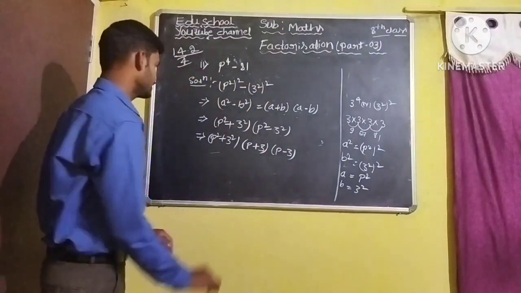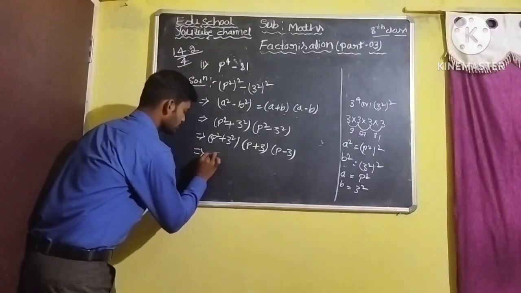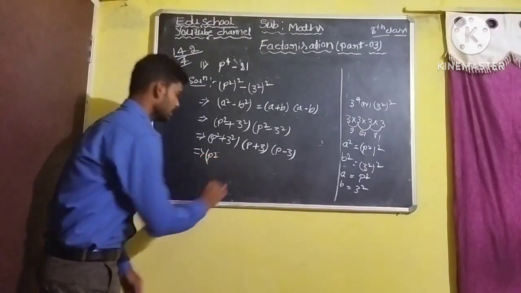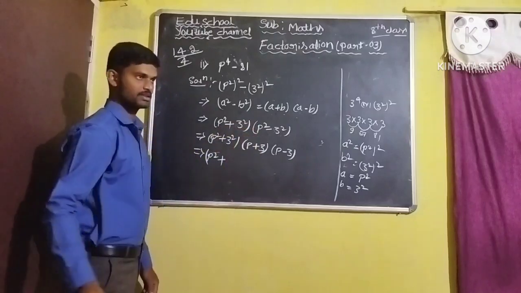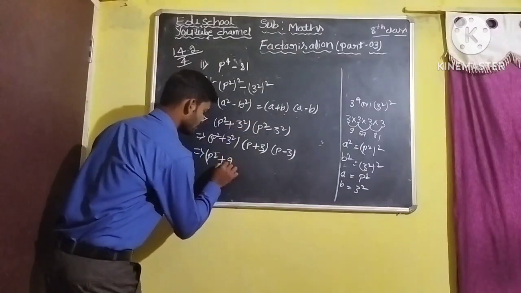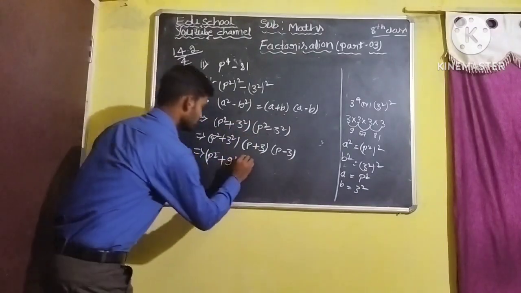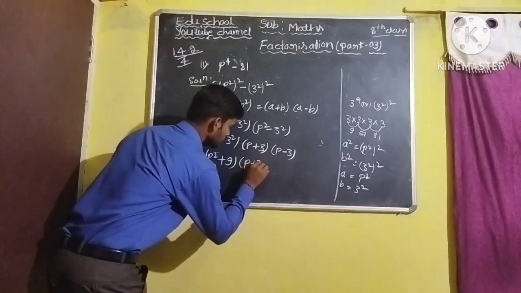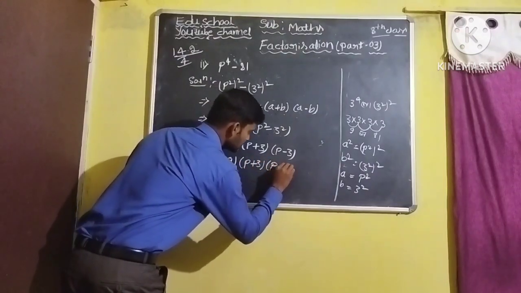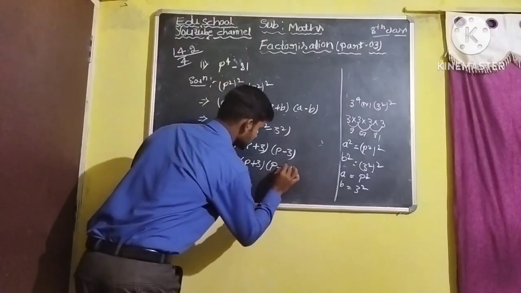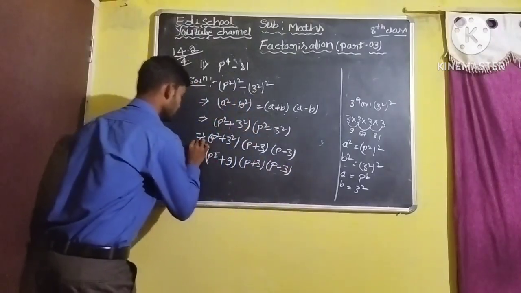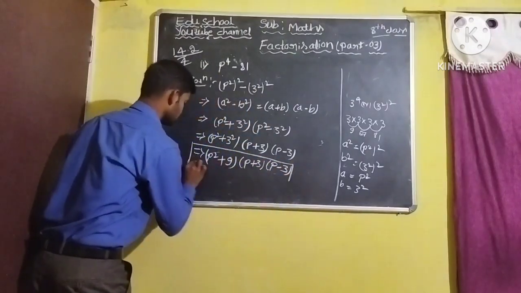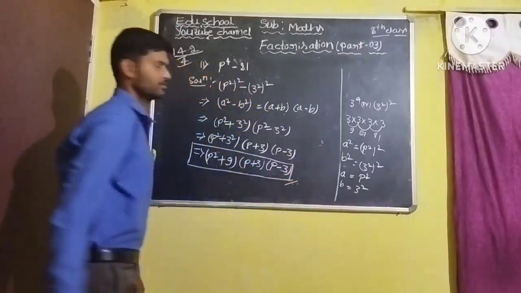In the final step, P square plus 3 square, which means 3 3s are 9, into P plus 3 into P minus 3. This is your final answer.